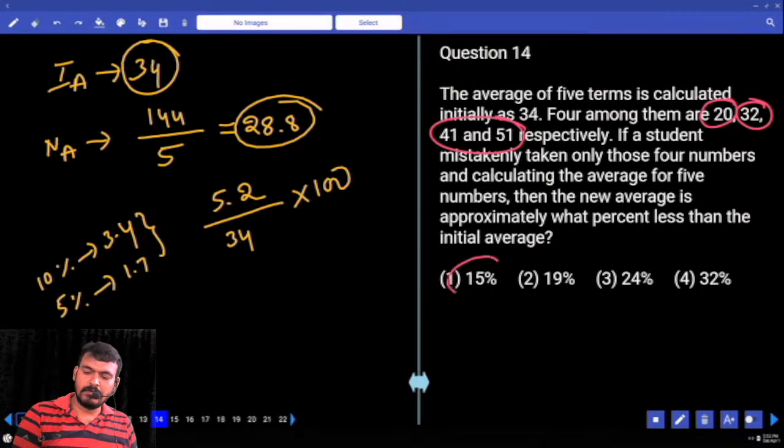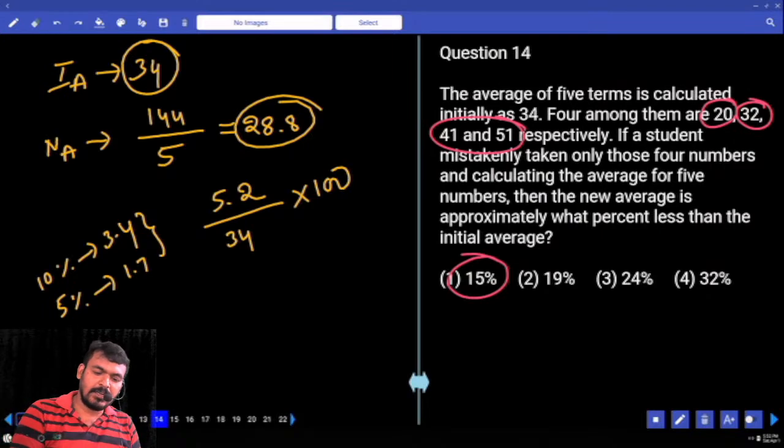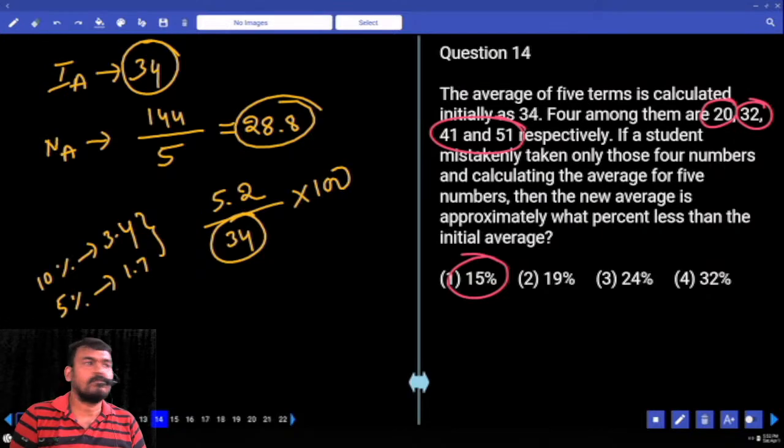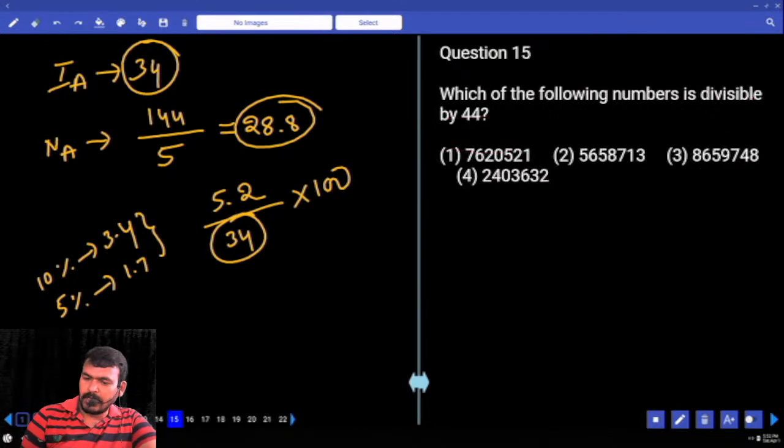The answer is 15%. 34, 17 multiple. It is 17 how many times? 2 times. But the numerator is 5.2, 17 almost 0.3 times. 0.3 by 2 into 100 means it will be 15%. 30 by 2, 15%.